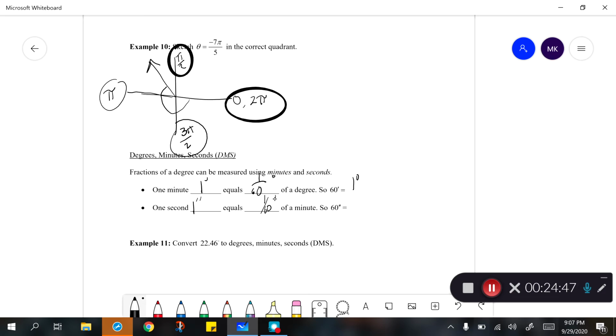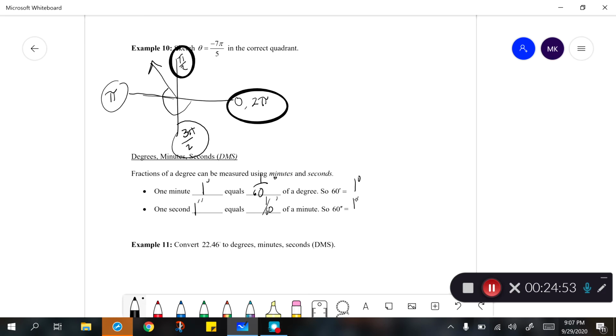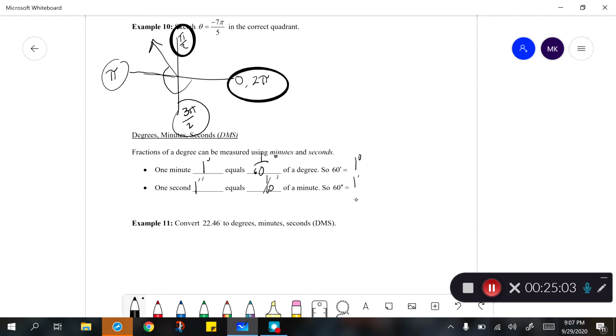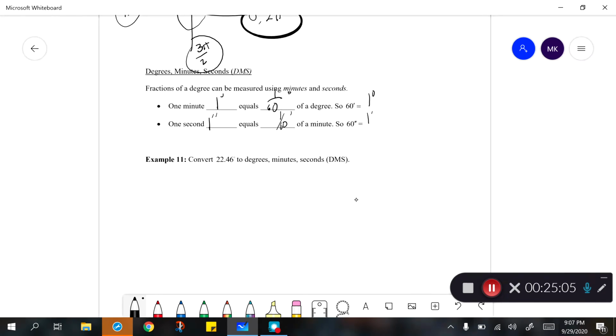So 60 seconds is equal to 1 minute, just like normal time.